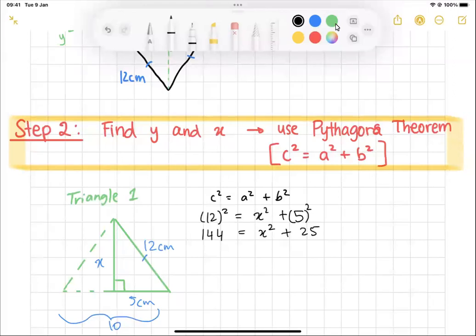I want x squared as the subject, by itself. X squared equals something. I need to do 144 minus 25. That's how I'm going to move the 25 to the other side.